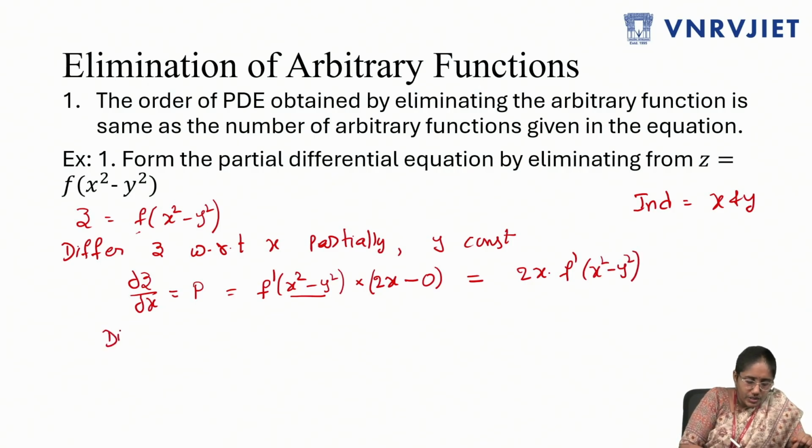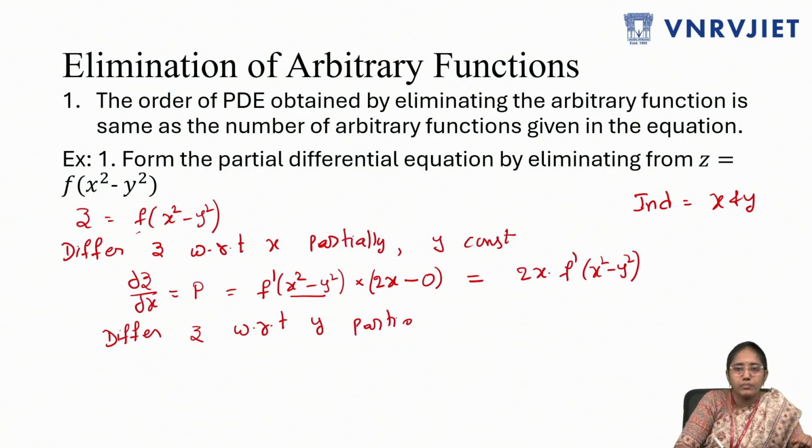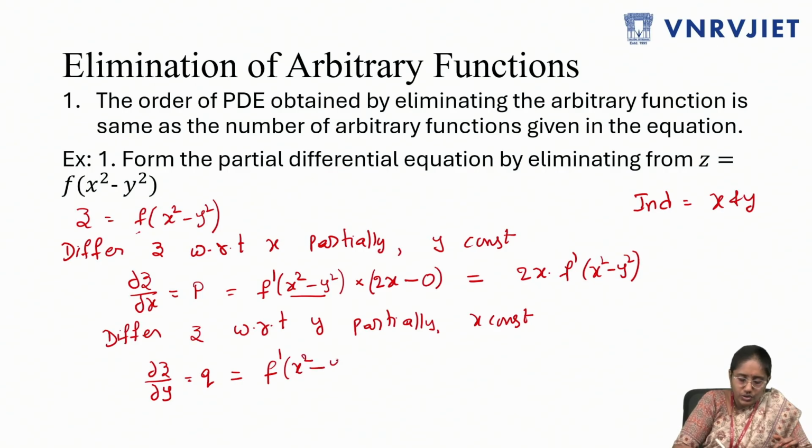Now again differentiate z with respect to y partially, by taking x as a constant. So ∂z/∂y, which is represented as q, is again the derivative of f with respect to y, f dash of x square minus y square, into the derivative of the inner function.